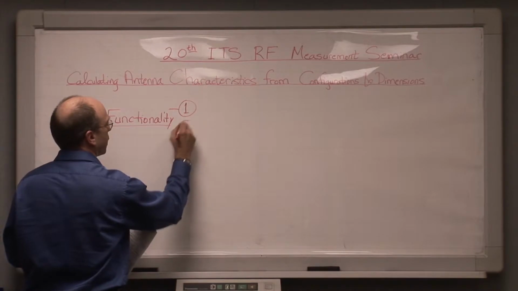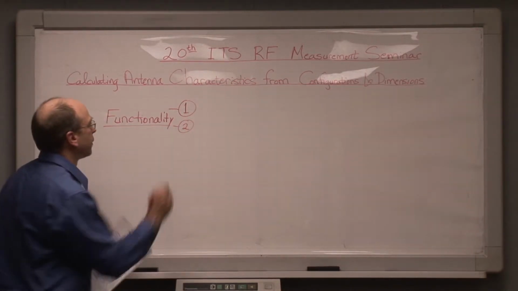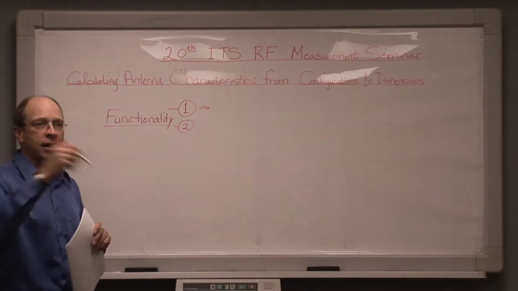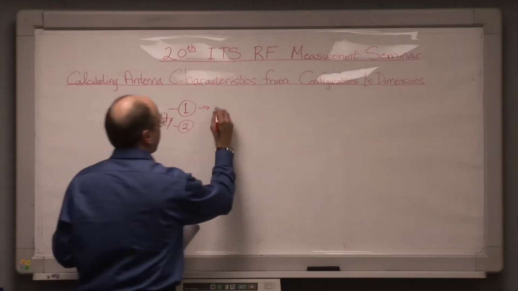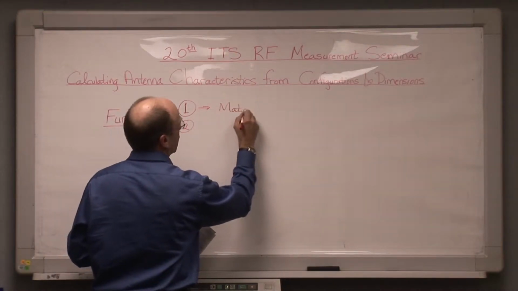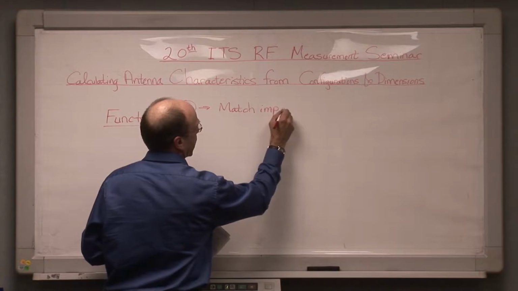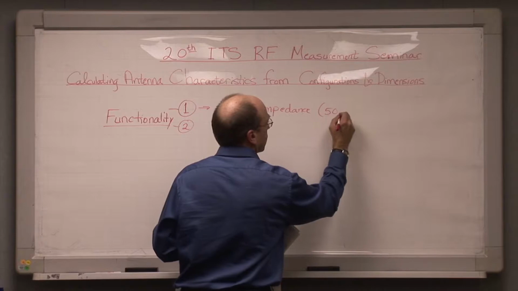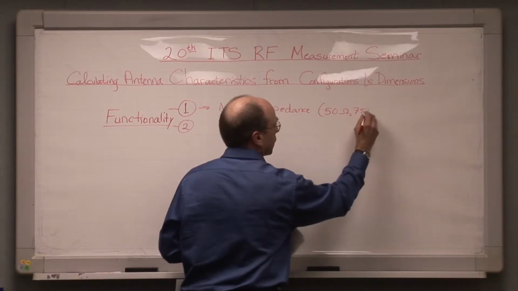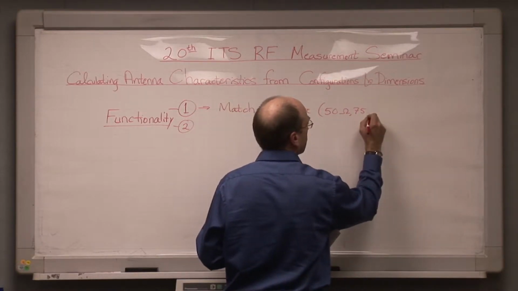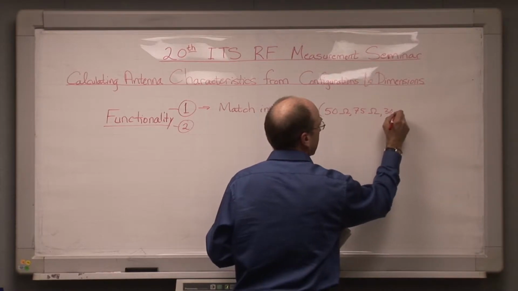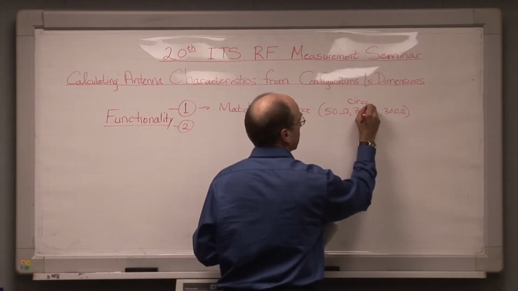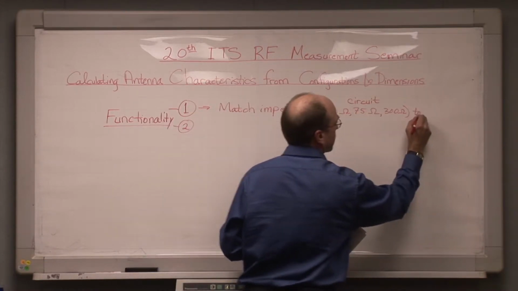In terms of functionality, we have two major functions. One is that antennas, which of course are coupling energy in and out of circuits via free space, have to somehow match the impedance of a circuit, and typical circuit impedances are going to be 50 ohms, 75 ohms, or 300 ohms, and there are others obviously, but it has to match the impedance of a circuit to the impedance of free space.